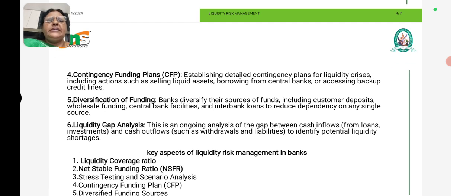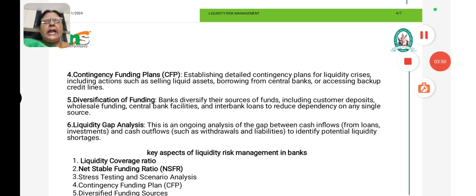Next is the contingency funding plan, that is CFP, establishing a detailed contingency plan for a liquidity crisis, including actions such as selling liquid assets, borrowing from the central bank or accessing backup credit lines. Diversification of funds. Banks diversify their sources of funds, including customer deposits, wholesale funding, central bank facilities and interbank loans, to reduce dependency on any single source.